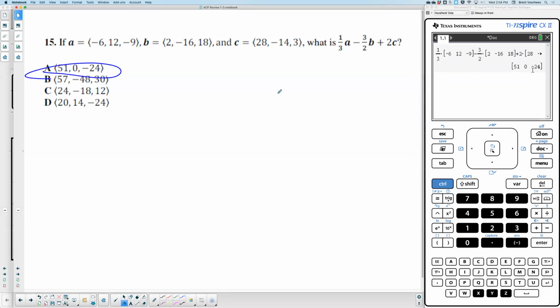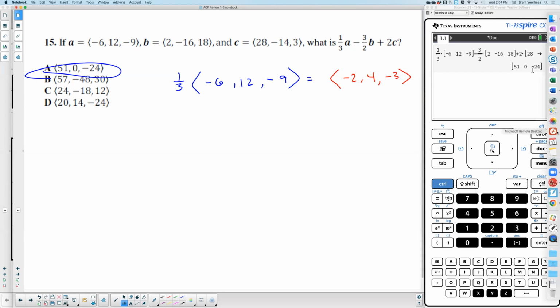Okay, you want me to do it by hand? Absolutely. If you're gonna do it by hand, you're gonna distribute through. If I did this by hand, what do I get? 1/3 of A will become, when I distribute this, a -2. 1/3 of 12 is 4. And -3, that's correct.